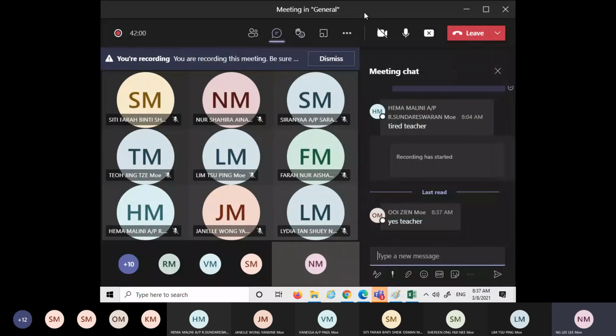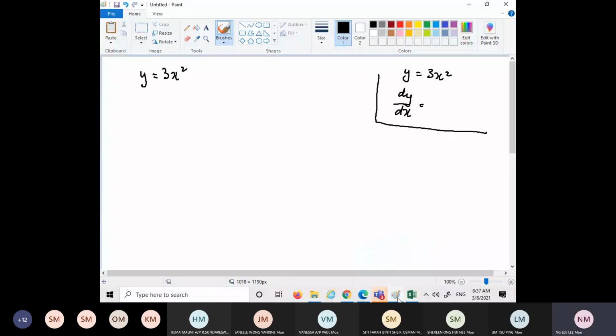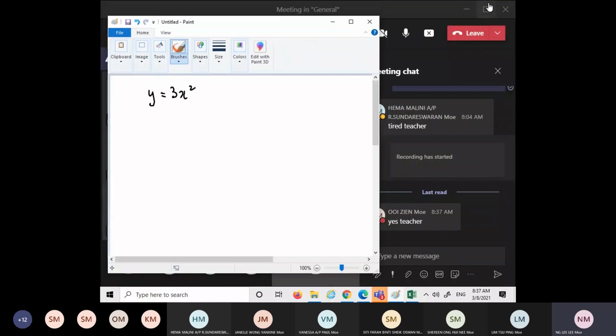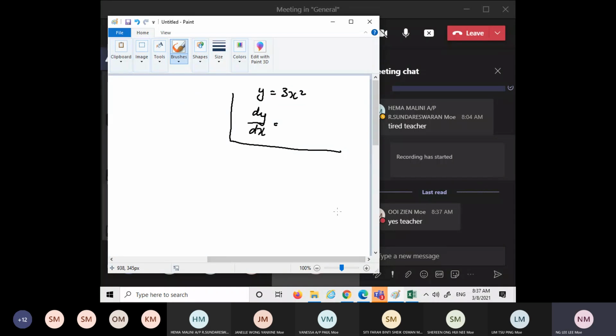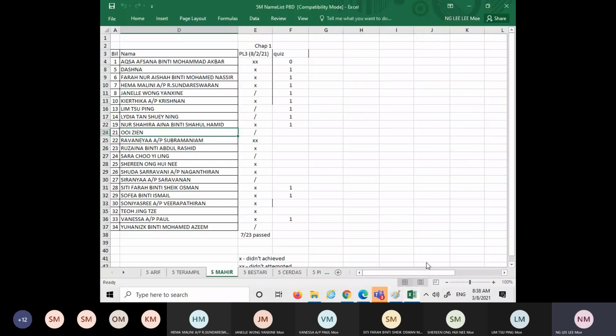Okay, Wei Zian, can you please help me, by using formula, find the dy dx for this. Okay, y equals 3x squared. By using formula, what is the dy dx? You can type. Okay, 6x, thank you. So this is 6x. So I'm going to give Wei Zian 1 mark.